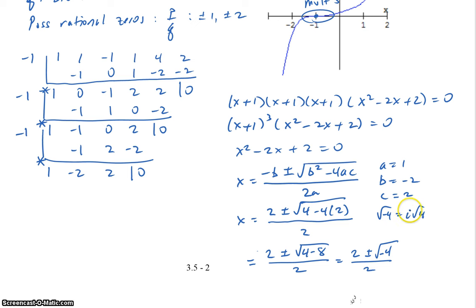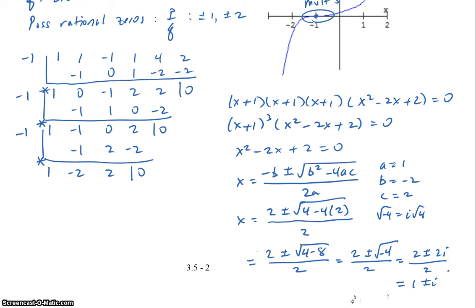The square root of 4 is 2. So as an imaginary number, this would be expressed as 2 plus or minus 2i over 2. And then that would simplify, dividing through by 2, to 1 plus or minus i.